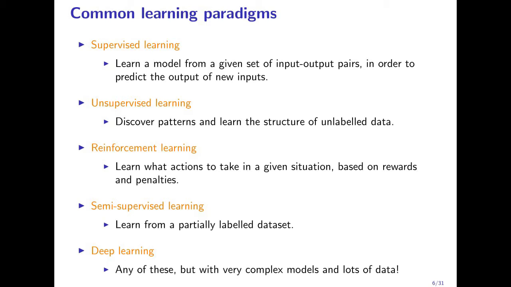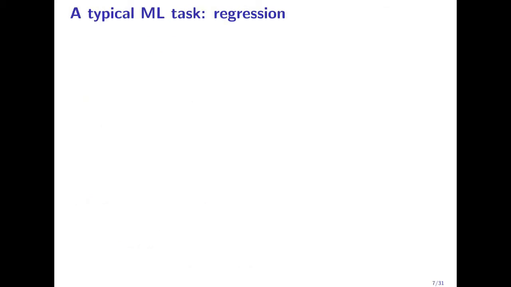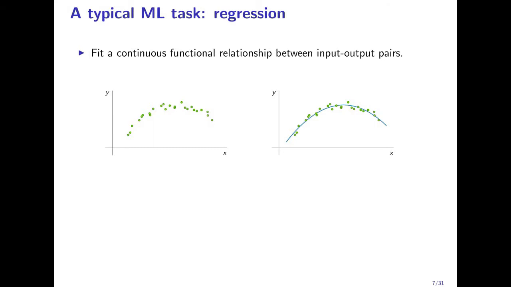Let's just quickly look at some typical tasks. So this would be the regression, classification, clustering, all of those things. So in regression, of course, we want to fit a functional relationship between inputs and outputs. So if X is the input and Y is the output, we have some data samples, and we want to estimate the function that goes through. Some examples where this can be used is, of course, in weather forecasting.